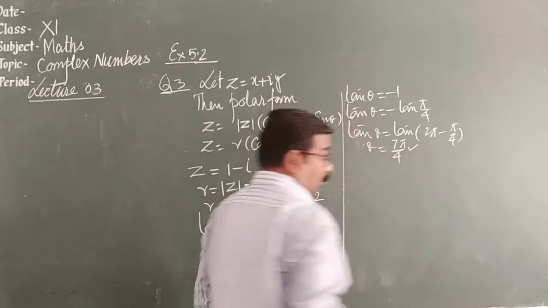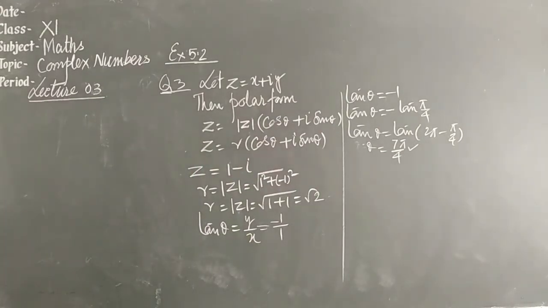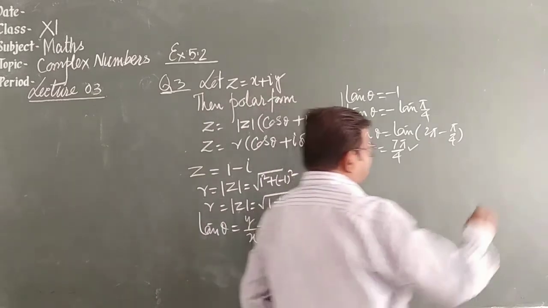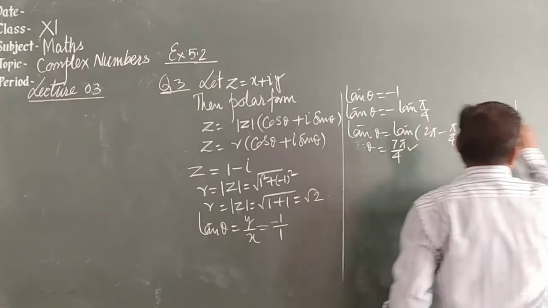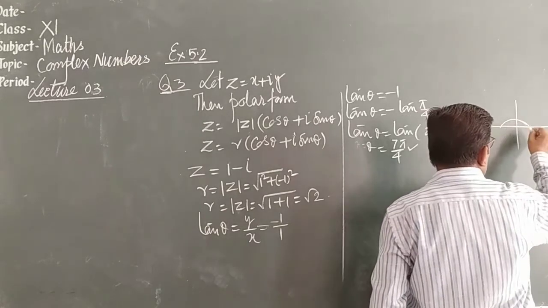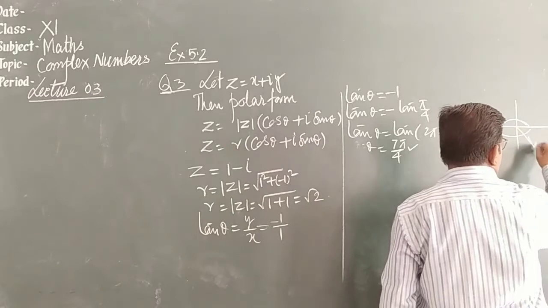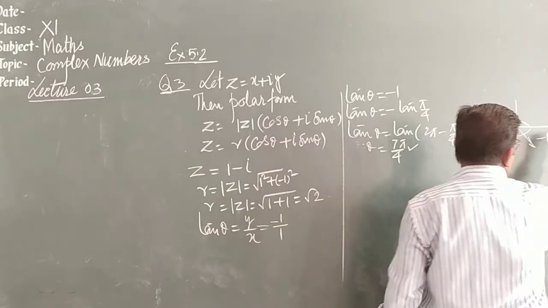It is the value. But in the case of a complex number, we use minus theta. See, here we write pi minus theta, and here we write minus theta only. If the angle is found in the fourth quadrant, we write minus theta.